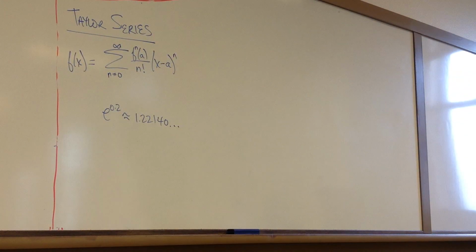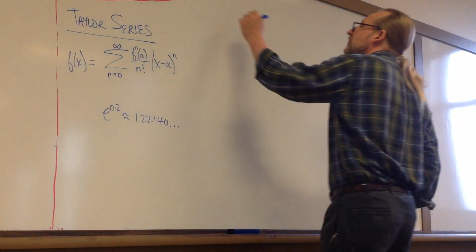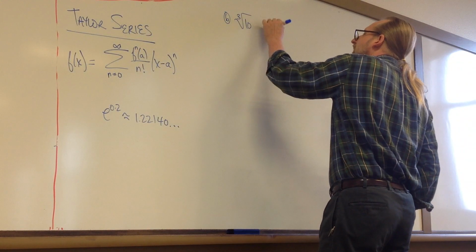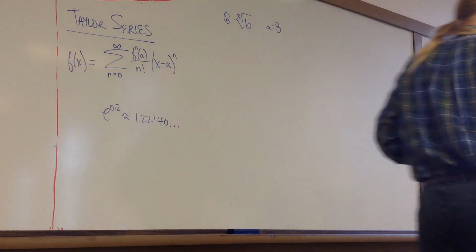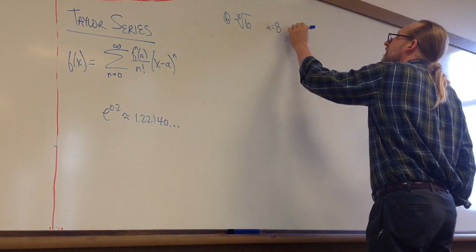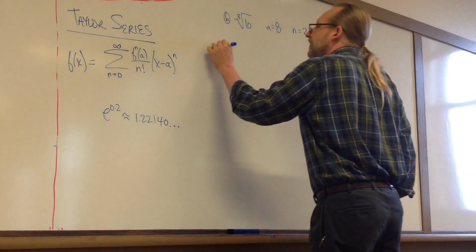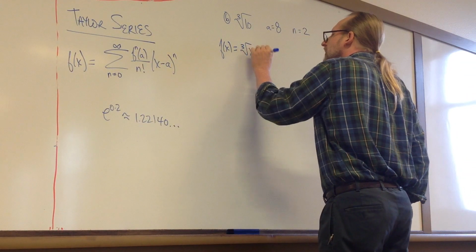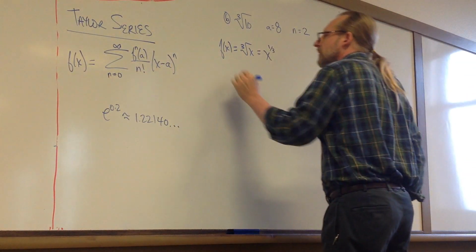So, problem 6 is cube root of 10. We've got a equal to 8 because that's a nice perfect cube. And what else? N equal to 2. So our function, f of x, is the cube root function, or x to the 1/3.